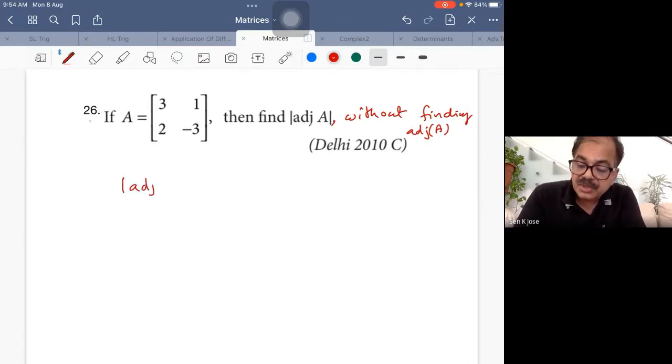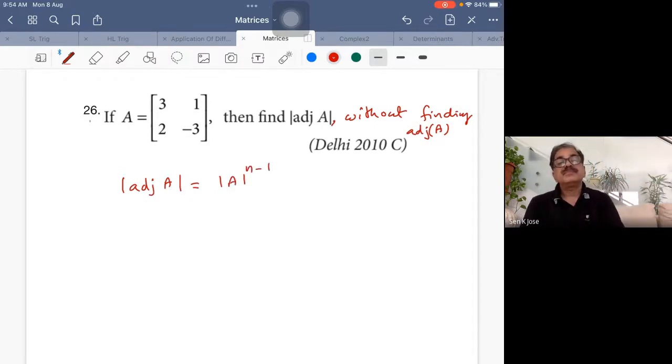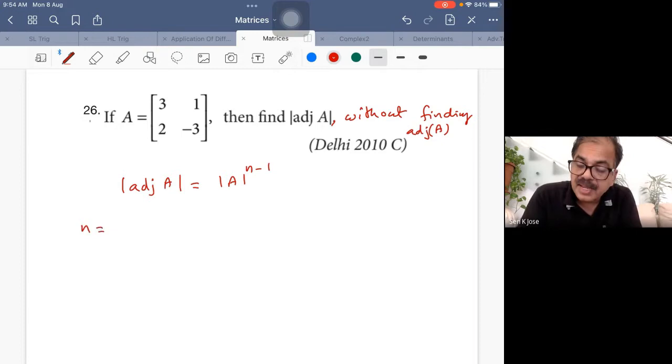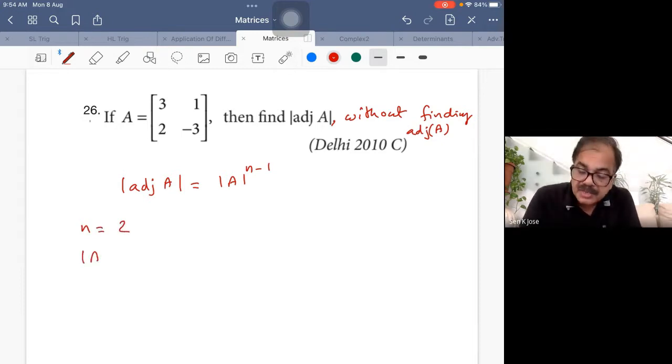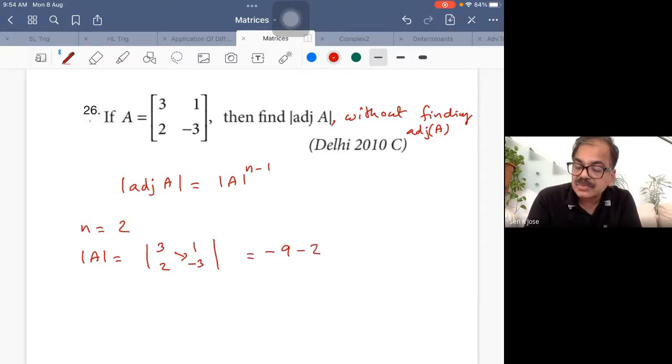Determinant of adjoint of A is determinant A raised to n minus 1. What is n? n is 2, 2 by 2. What is determinant A? Determinant 3, 1, 2, minus 3. Cross multiply, you will get minus 9, minus 2, which is minus 11.